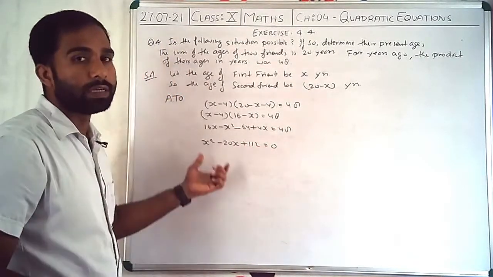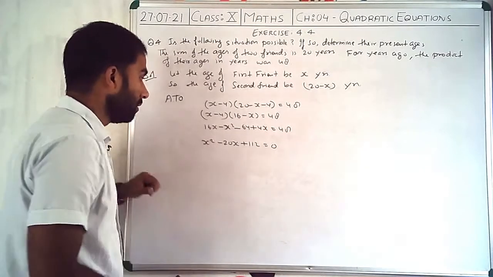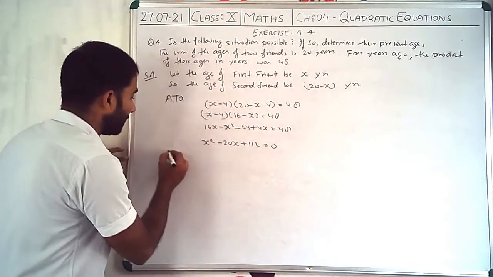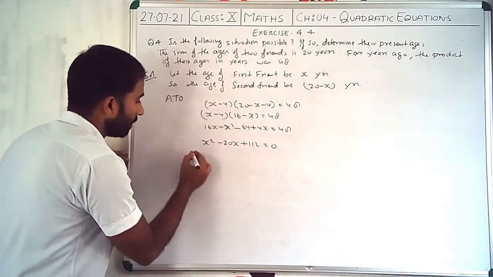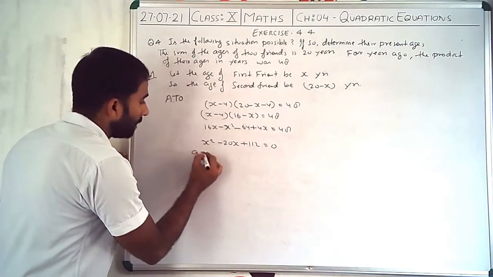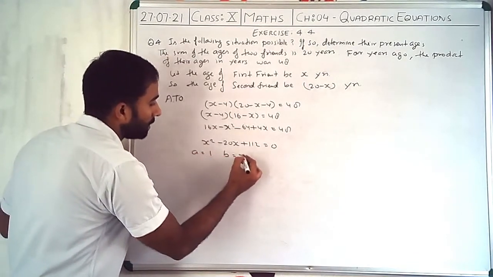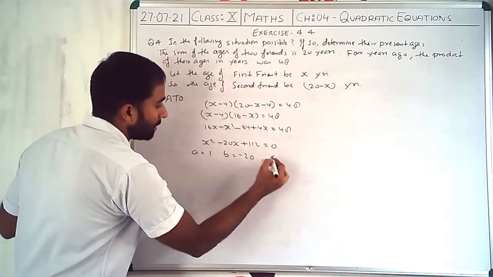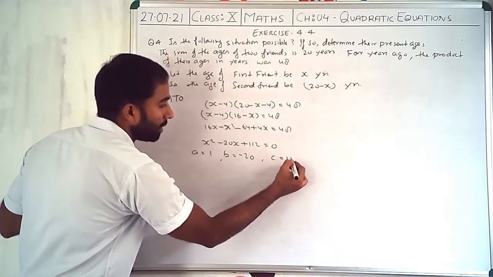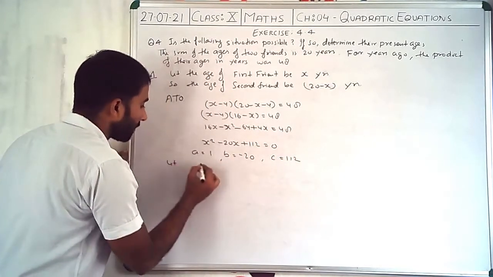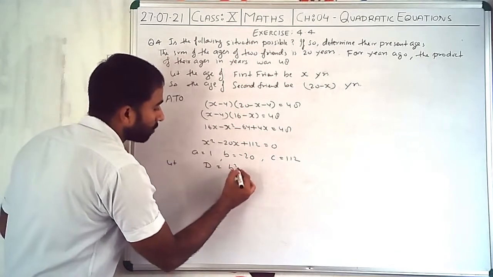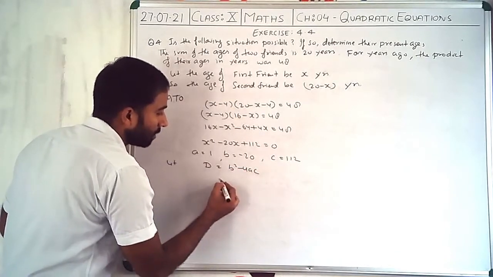Now we will decide the nature of the roots. Let a is equal to 1, b is equal to minus 20 and c is equal to 112. Let D be equal to b square minus 4ac. What is b?